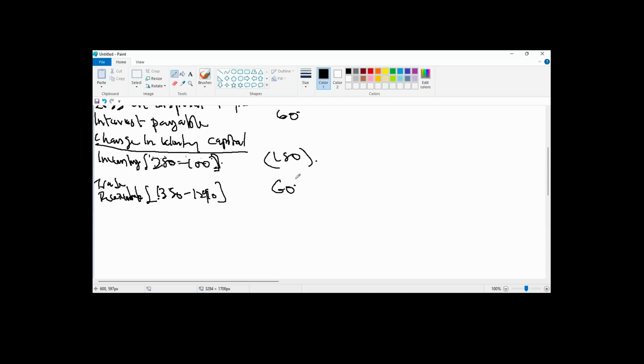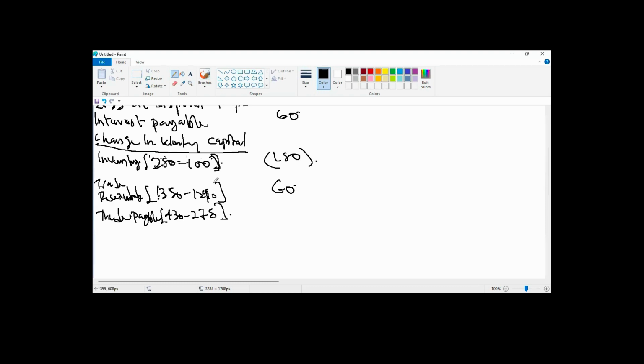I'll go to the current liability. Paid another payable. At the beginning, the payable was 275. 430 minus 275 is 155.